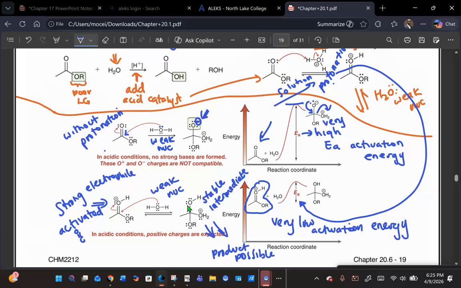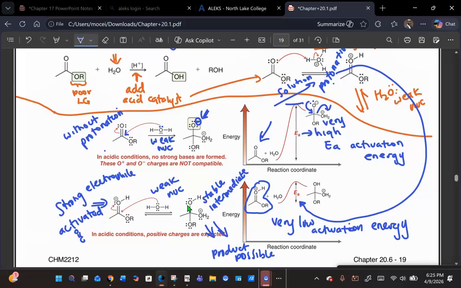So I repeat myself in summary. When you have a poor leaving group and you have a weak nucleophile, you better protonate to activate the carbonyl so the reaction can go forward through a stable tetrahedral intermediate.